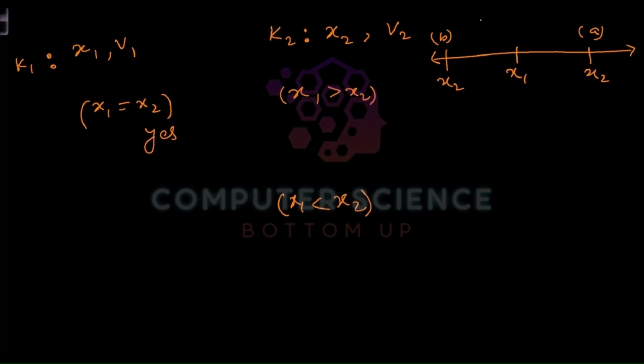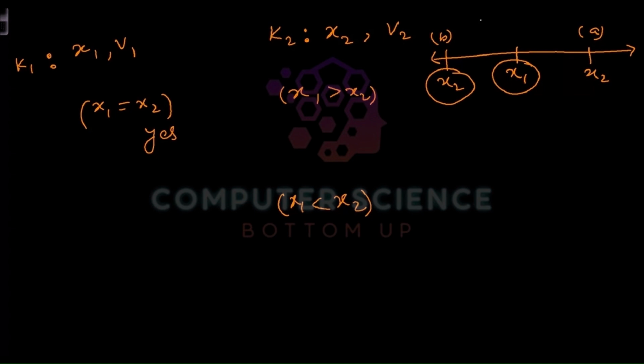In case x1 is ahead, meaning Kangaroo 1 is ahead of Kangaroo 2 at the beginning, then the speed of Kangaroo 2 has to be greater.